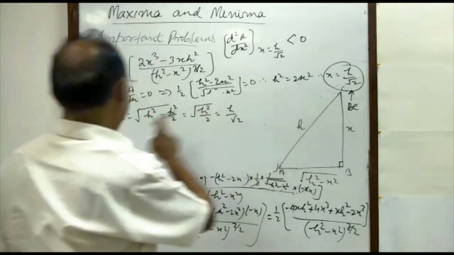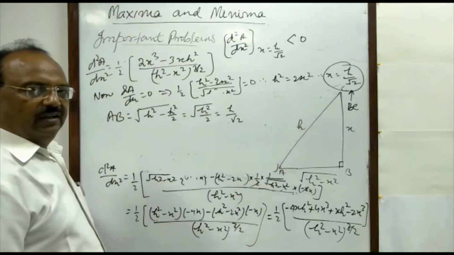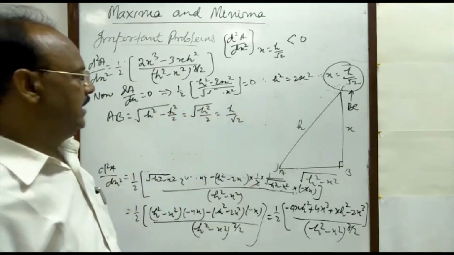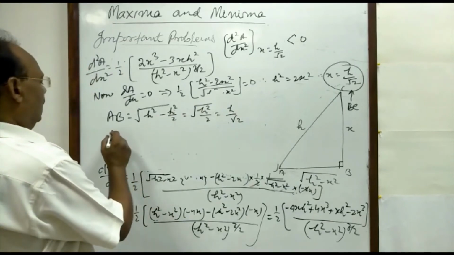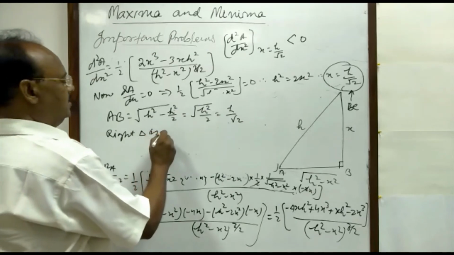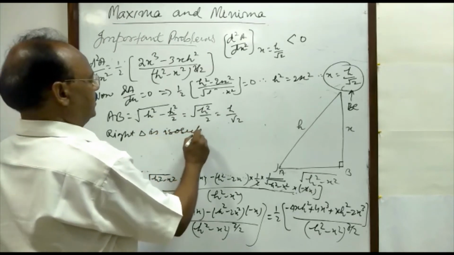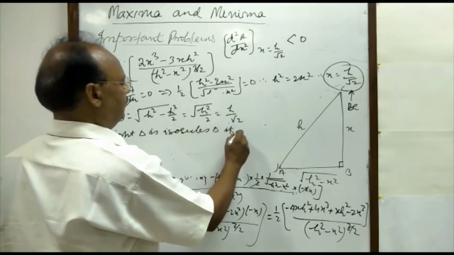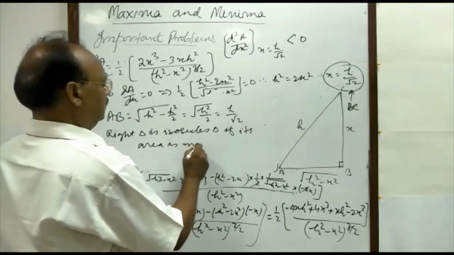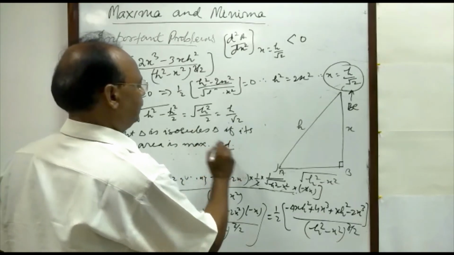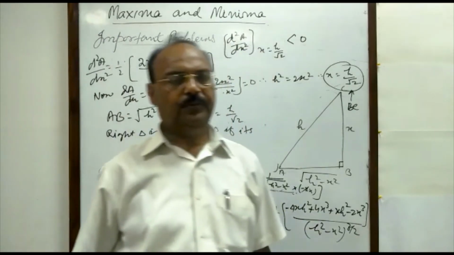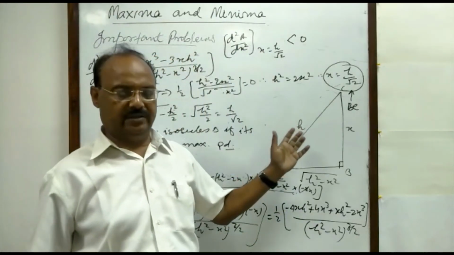So BC and AB both are equal, and this is equal to h by root 2. So now it has been proved that this right triangle is an isosceles triangle if its area is maximum. Proved. So this is a very important question, and I hope that now it is clear.